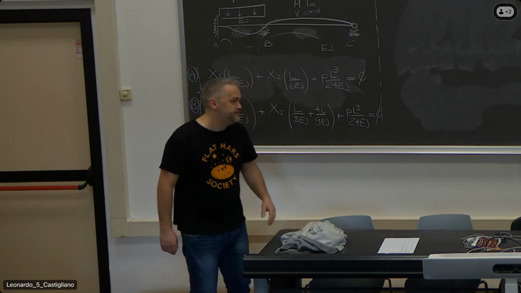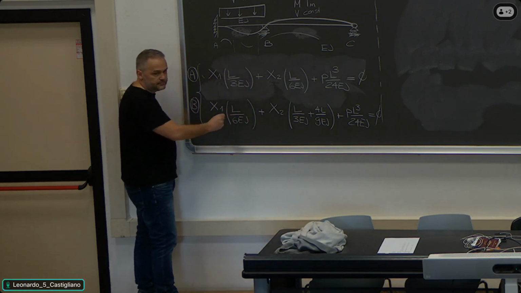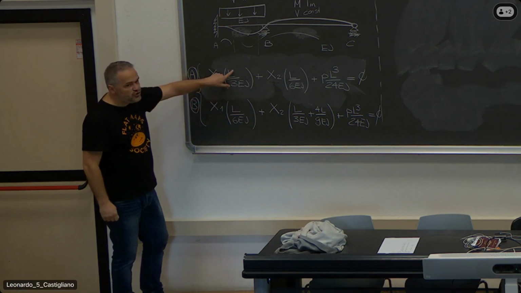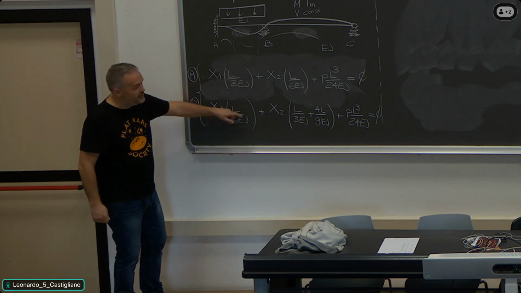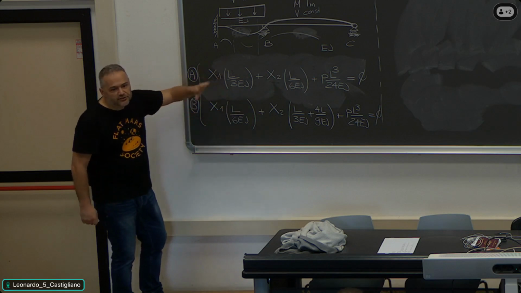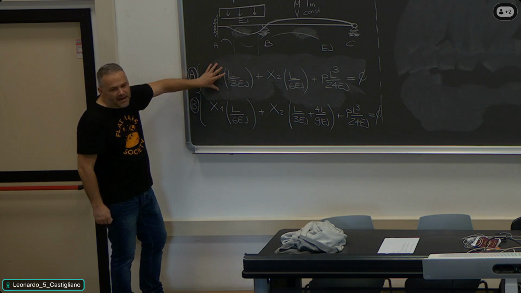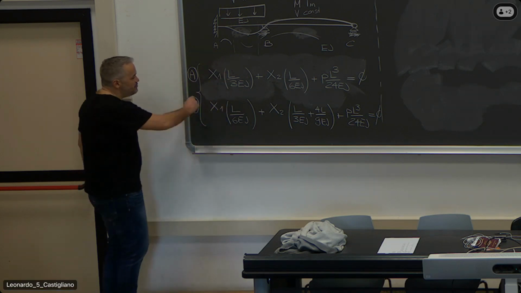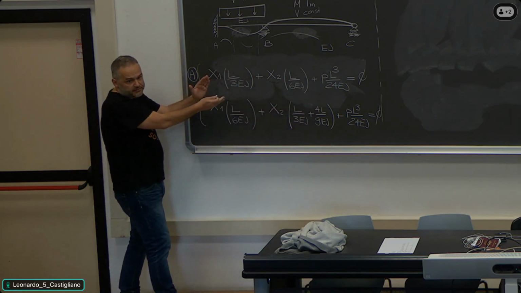For example, look at x1. x1 has a coefficient here which is twice as much as this one. So one idea is to do what? I replace one of the two equations with A minus 2B. Okay? So I multiply this equation by 2 and I subtract it from the first one.